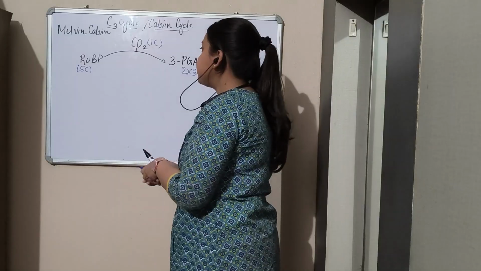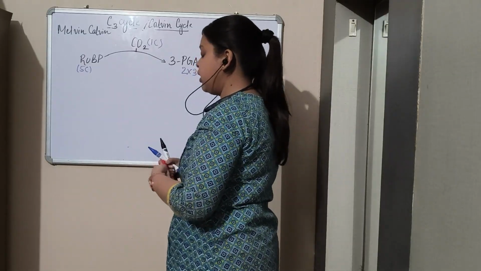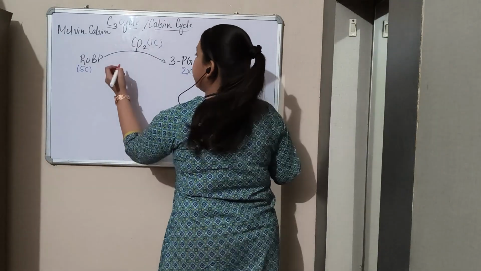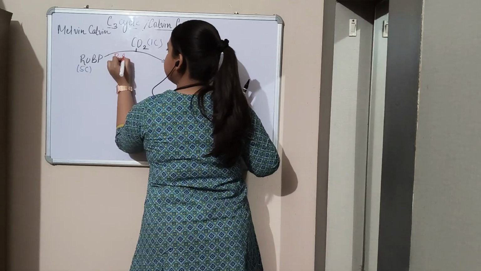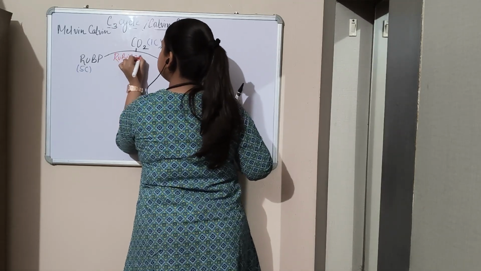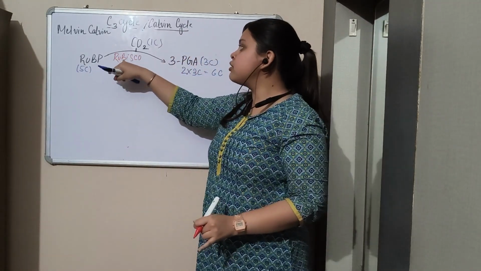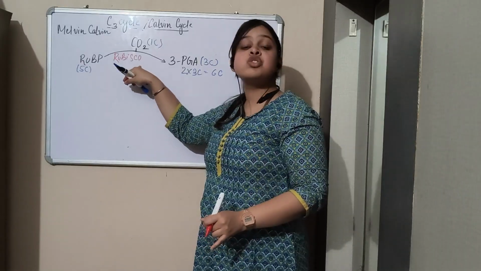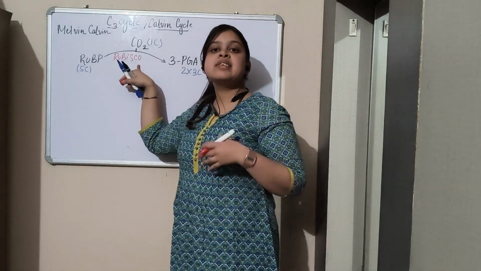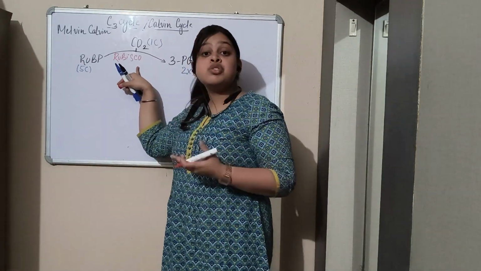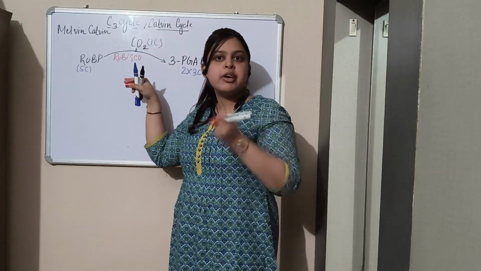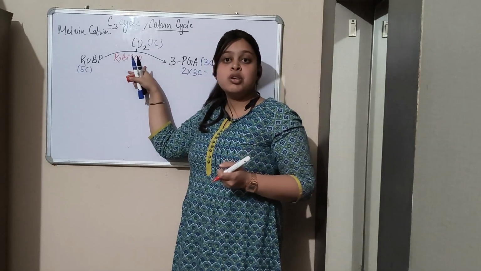And the enzyme that is being used here is Rubisco. It is a very interesting enzyme. Why? Because ribulose bisphosphate carboxylase oxygenase can act as a carboxylase as well as an oxygenase, which means it can bind to carbon dioxide as well as oxygen molecules.